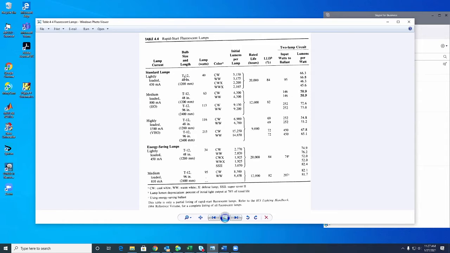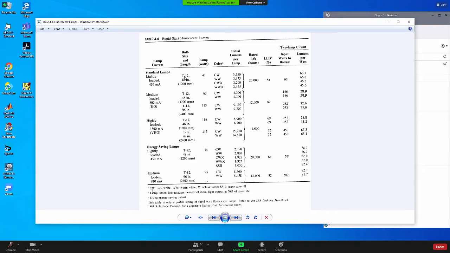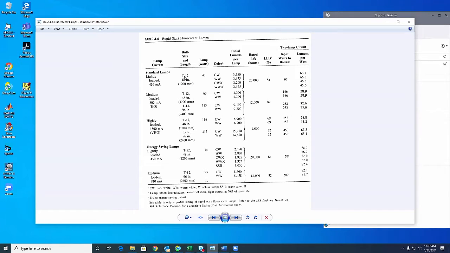So if you look at the lamp in the cross section, okay, T12 means diameter equal to 12 over 8. So that means 1.5 inches.